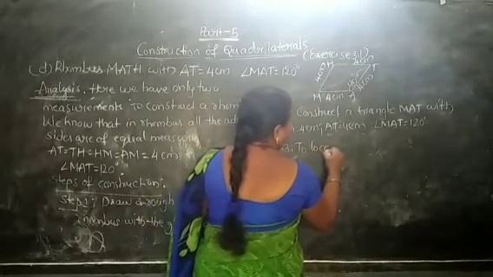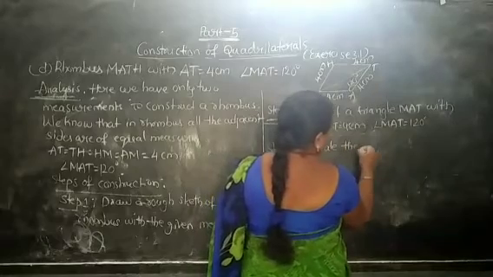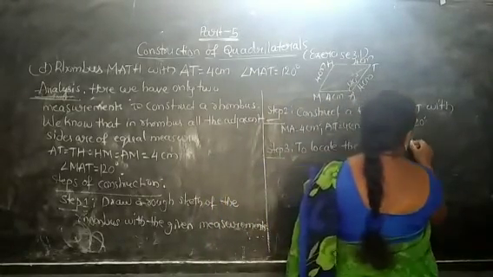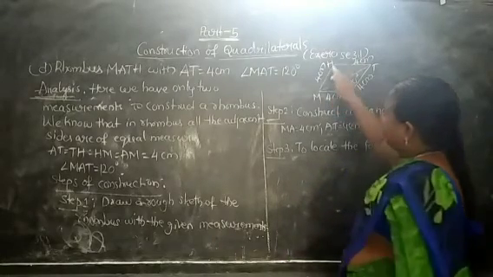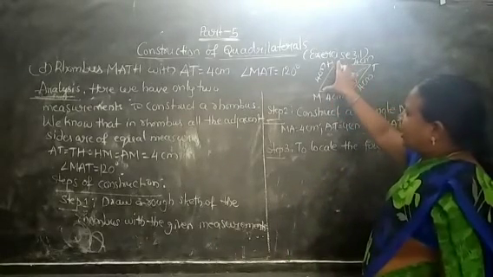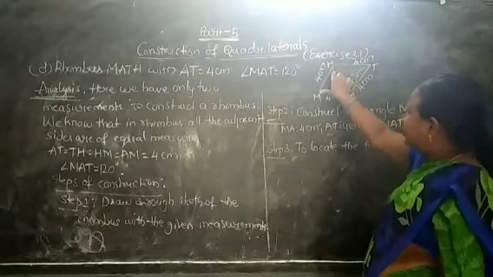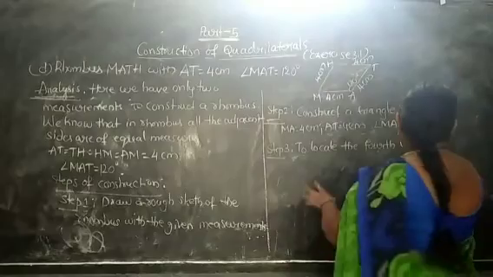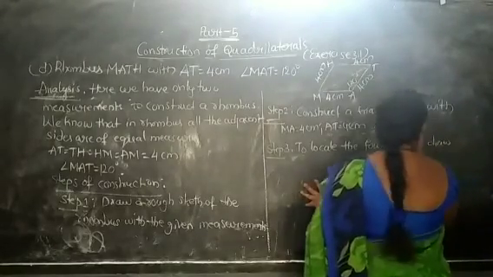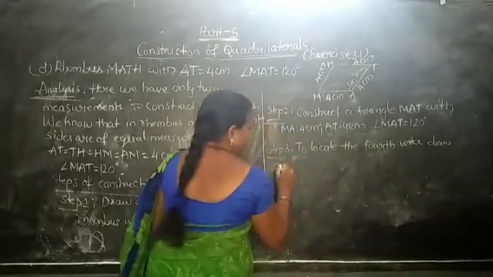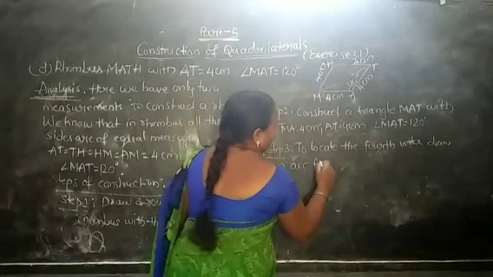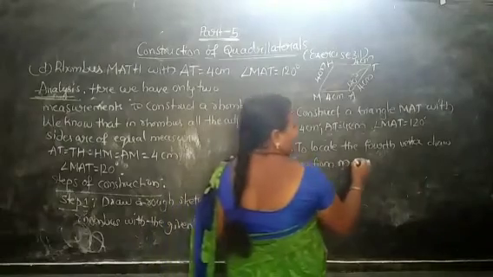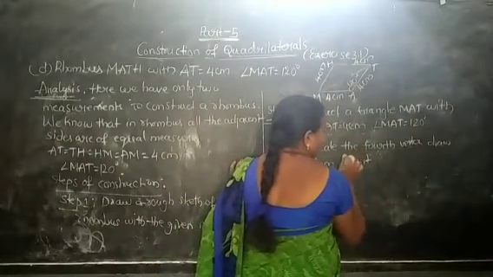To locate the fourth vertex. To locate this fourth vertex, draw an arc from M and draw another arc to intersect this. Draw an arc from M with 4 centimeters.